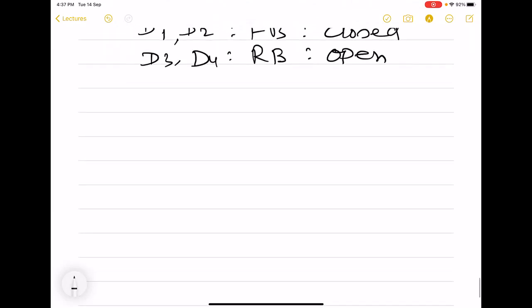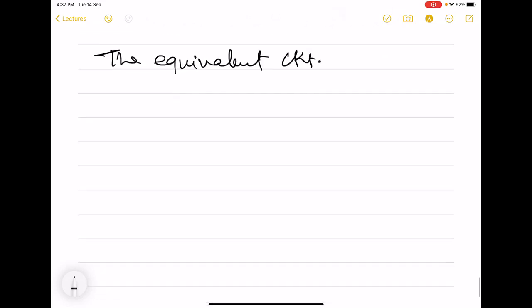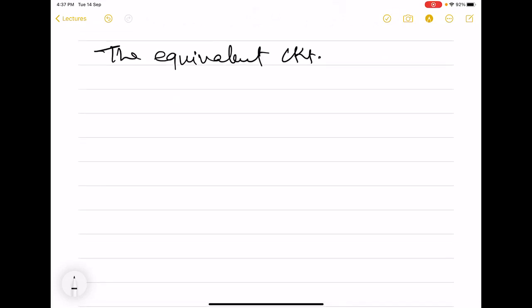Now we can redraw the circuit. We find D1, D2 are closed. However, D3 and D4 are open circuited.